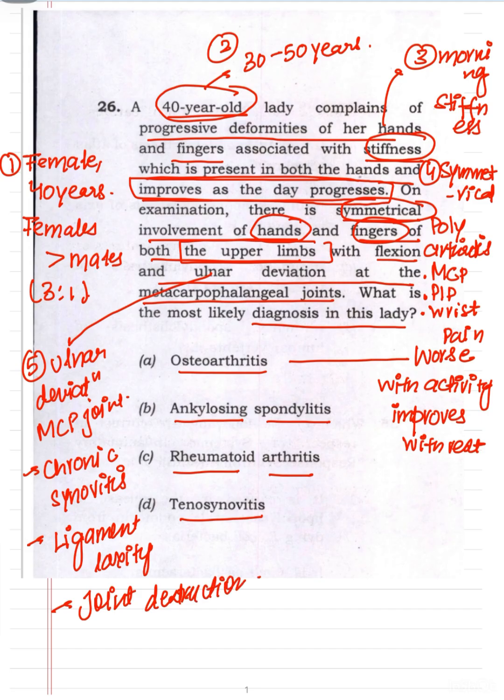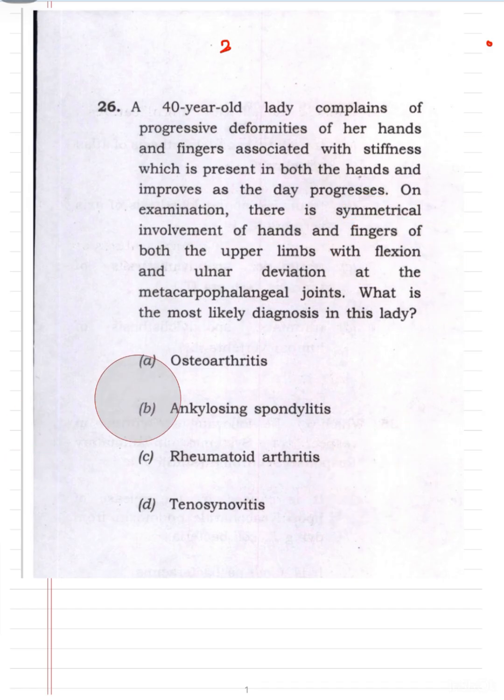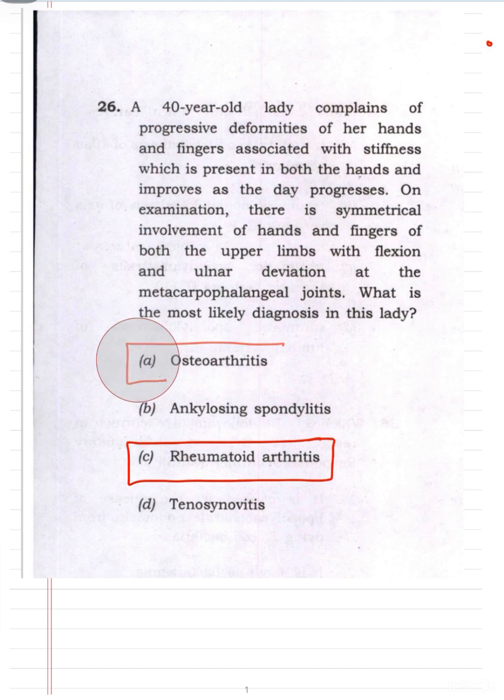So all clues are toward the rheumatoid arthritis, which is the C option. So this is the correct option.